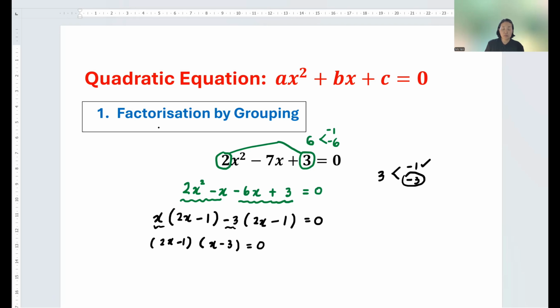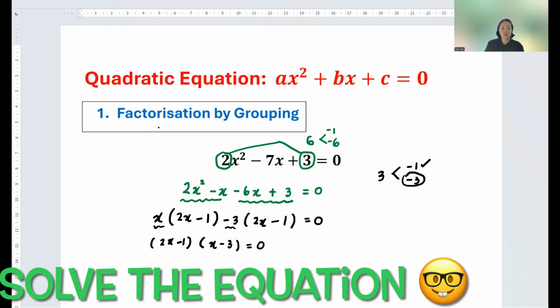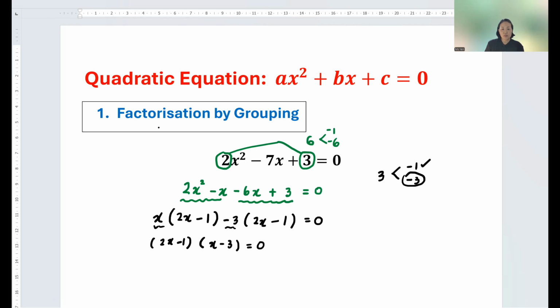So we completed the factorization now. But the question is to solve it, meaning we have to find the x values. This means we have 2 cases here: 2x minus 1 equals 0, or x minus 3 equals 0, because one of the factors has to be 0 so the whole thing will be 0.